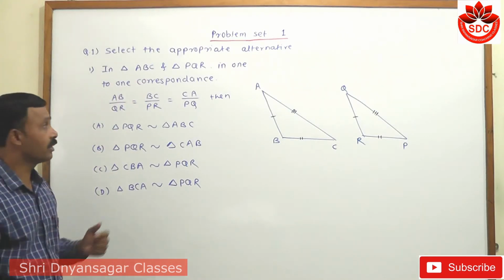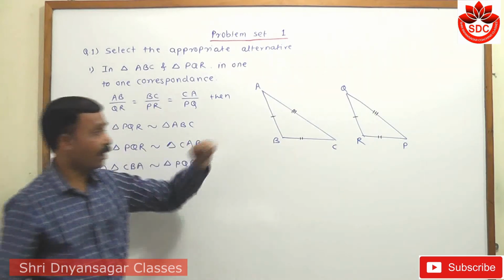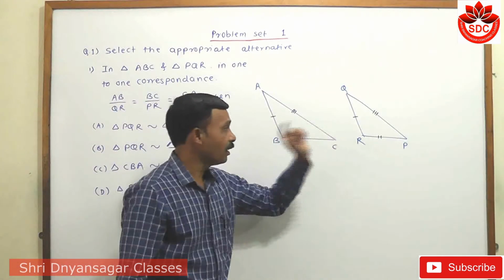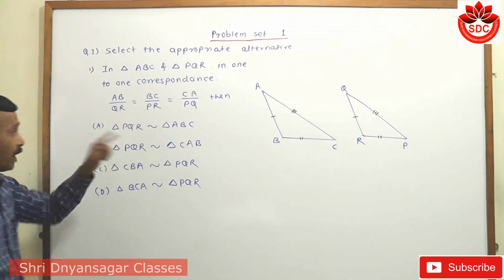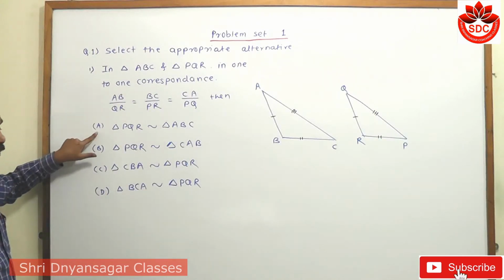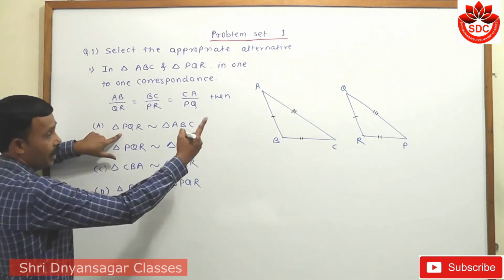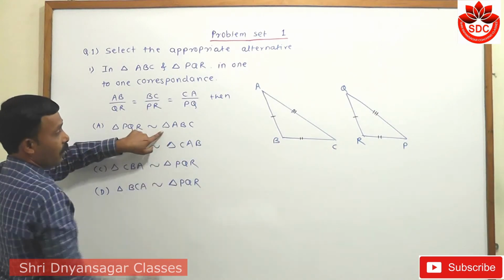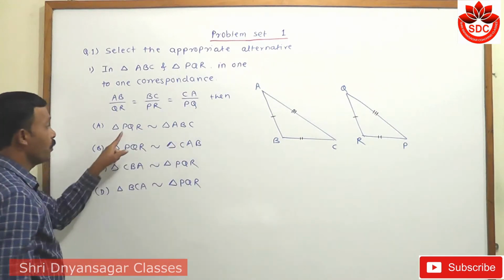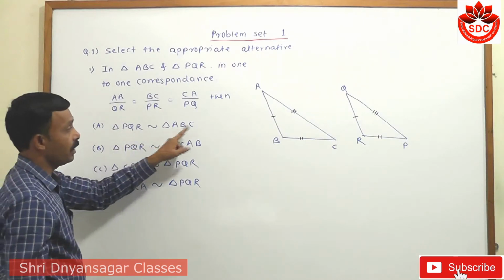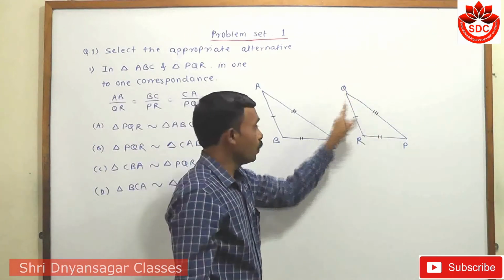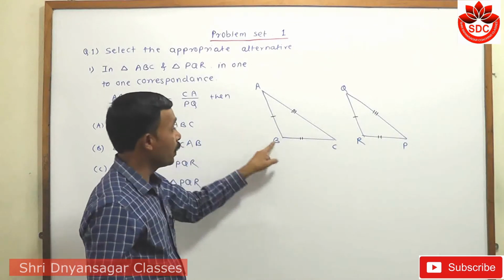Now student, for this, when we look at these two triangles and this identical mark, then we take by using this identical mark. Suppose that the first, A, in triangle PQR is similar with ABC. Now PQR, then ABC.